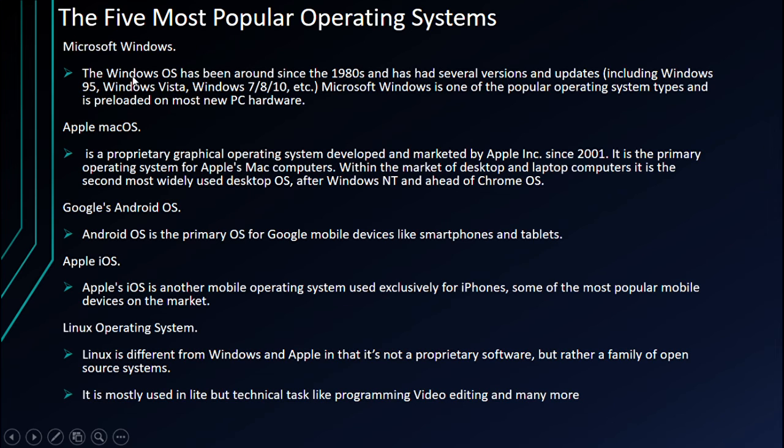Okay, so we have Microsoft Windows, Apple macOS, which we can see on our Apple Mac, and Google Android OS, which we see on our Android phones. Then Apple iOS, which we see on iPhones, and Linux.